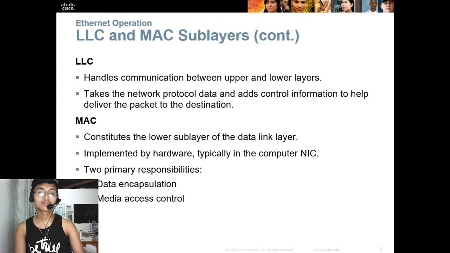Media access control controls access to the media upon sending and receiving between the two devices.